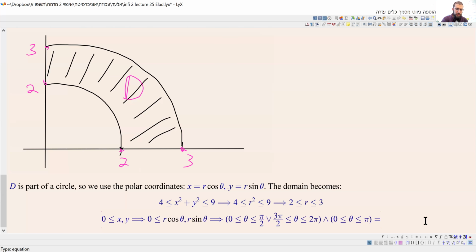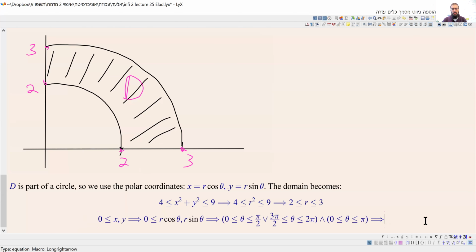If we want cosine and sine to be simultaneously positive, we get that theta should be between 0 and half a pi.